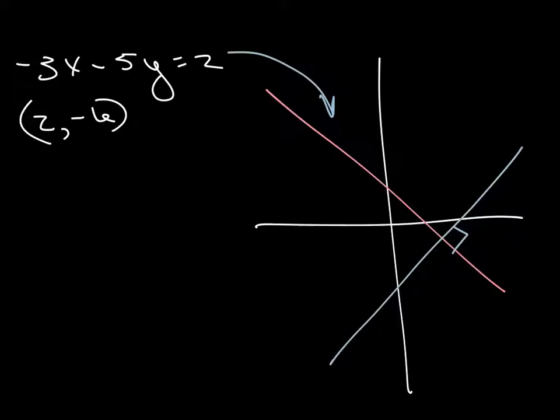It says it's perpendicular and it goes through the point (2, -6). So the blue line is what we're looking for, and they gave us the red line equation and this point in order to find that blue line. Alright, so let's get rid of all of this and start over.